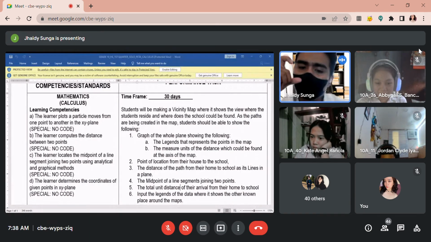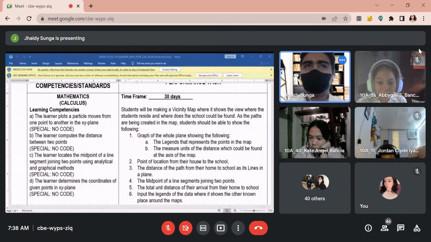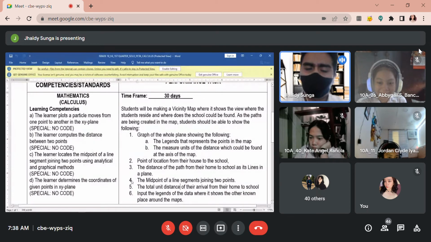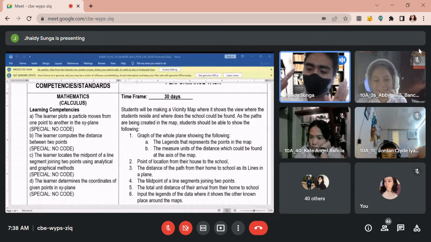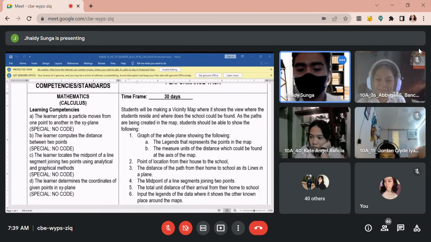So it is different. There are two different things. The first thing is the distance, where you find the distance between 2 points, which you know already, the one that I discussed yesterday. And the second is the total unit distance from your house up to the school.